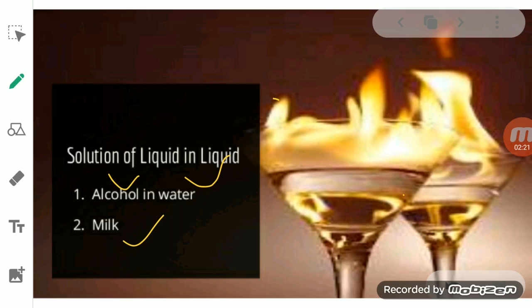It means that the mixture is a kind of homogeneous mixture, and that's why this will also come in the solution of a liquid in a liquid. Okay, you can take an example of vinegar also. If you are adding vinegar to water, even that kind of solution is also a type of liquid in a liquid solution.